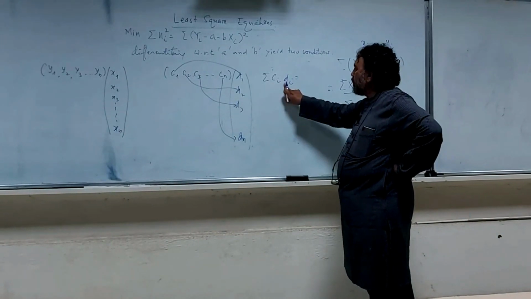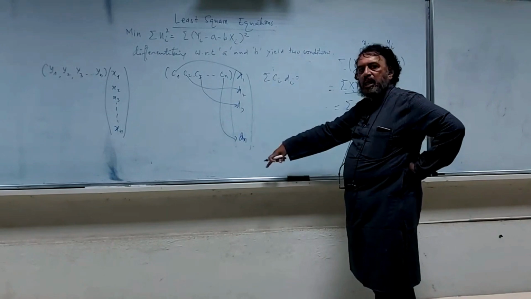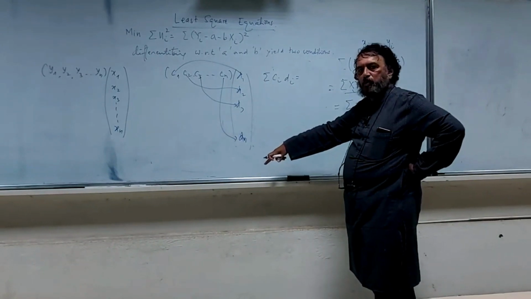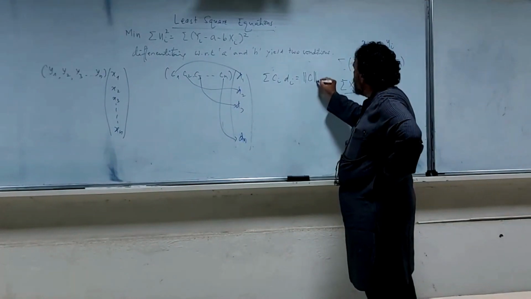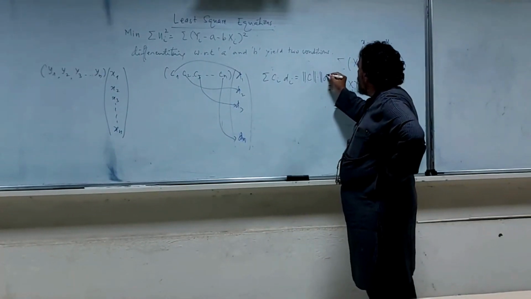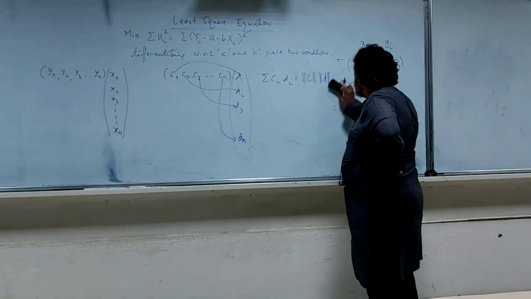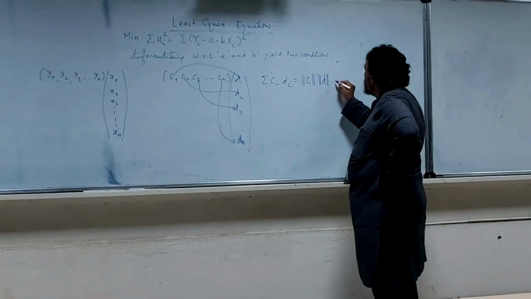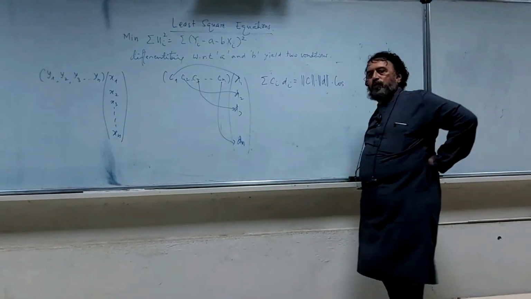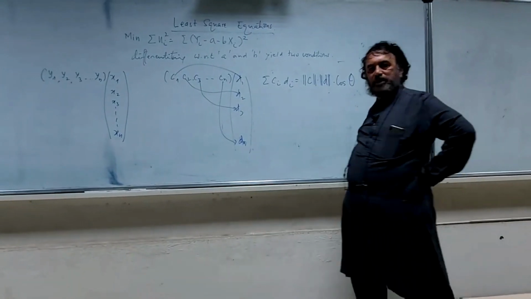This is the dot product definition, which says take the product component-wise, and the sum of all those component-wise products is equal to the length of C, that is the norm of C, times the length of D, further multiplied by the cos of the angle between C and D. C and D are the two vectors.